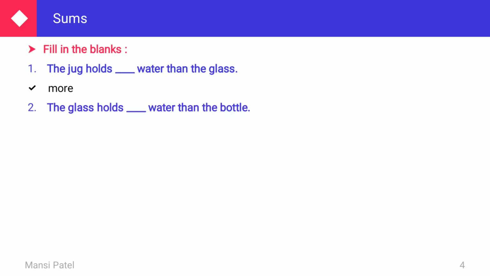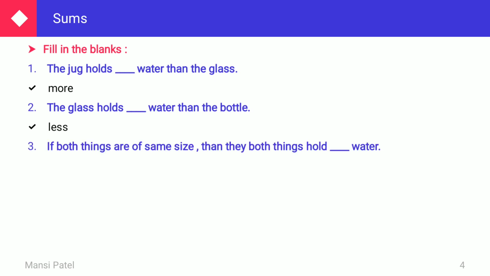Now your next filling the blanks is: the glass holds dash water than the bottle. Just imagine the glass and the bottle. We can say that the glass is smaller than the bottle. Therefore, the glass holds less water than the bottle.